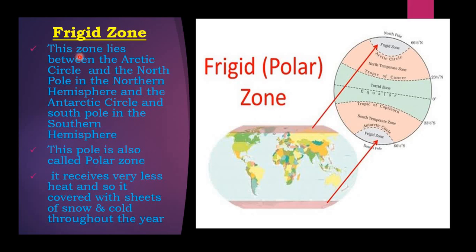This zone lies between the Arctic circle and the North Pole in the northern hemisphere, and the Antarctic circle and the South Pole in the southern hemisphere.